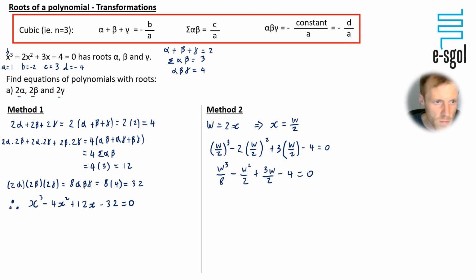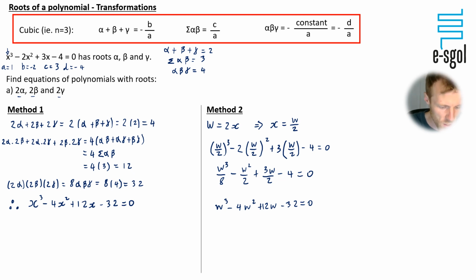I haven't been explicit in the question, but usually we want an integer coefficient. So I'm going to times everything here by 8, and that gives us w cubed minus 4w squared plus 12w minus 32. And obviously it's the same as the previous answer, which it should be.